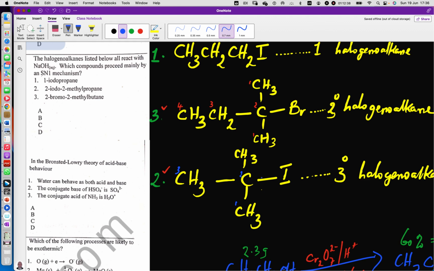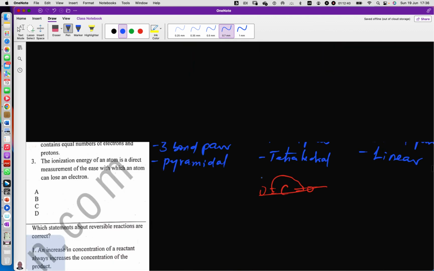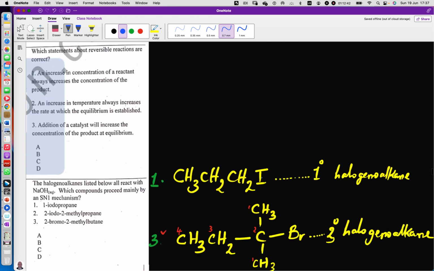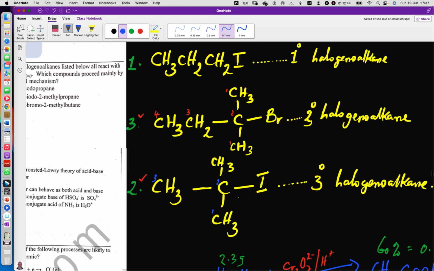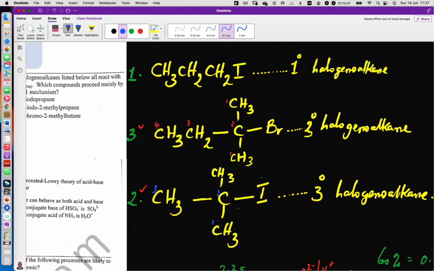And in this reaction here, we don't have any secondary, so only the tertiary are there. The rule is only tertiary and secondary will undergo SN1 mechanism. But in this case, we don't have any secondary here. We have only 2 tertiary and 1 primary. So primary is not involved.